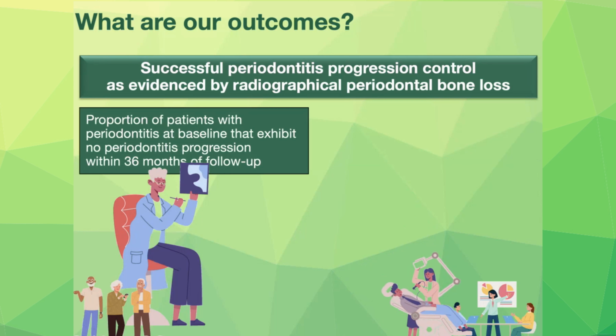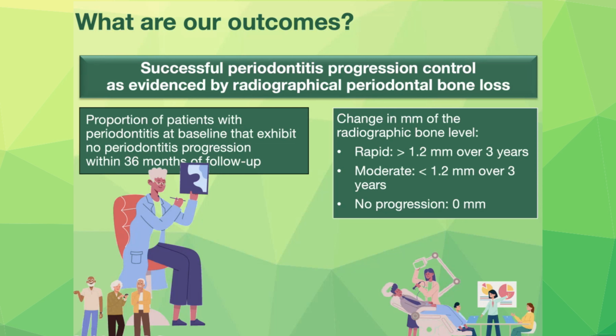The primary outcome will be the proportion of patients with periodontitis at baseline that exhibit no periodontitis progression over the time that we follow those patients. And we will be classifying them as rapid, moderate, and no progression based on the radiographic bone level.